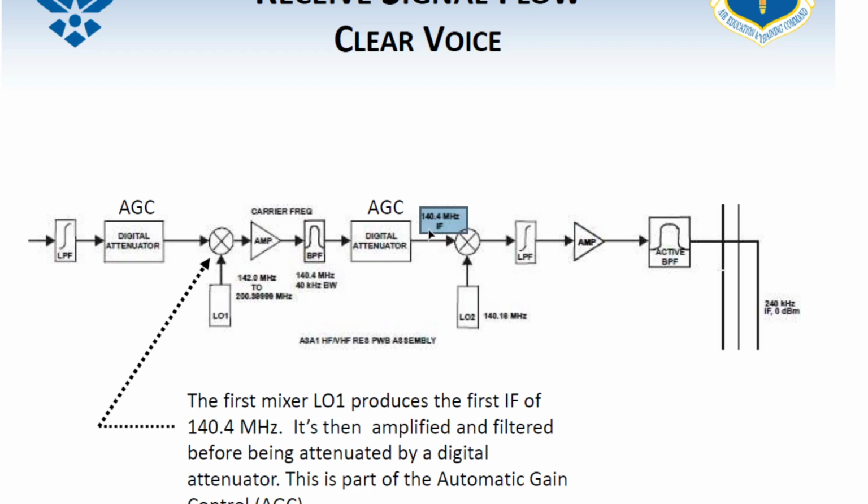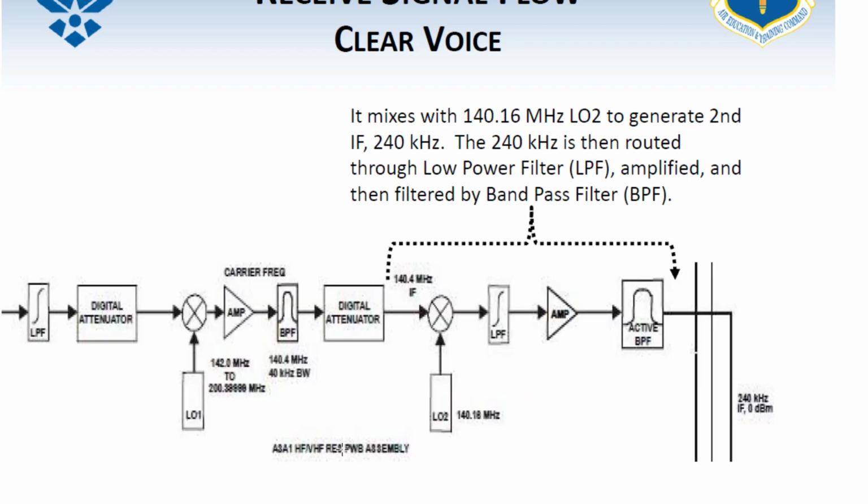But this first IF is actually produced out of this mixer here. From here, it mixes with 140.16 megahertz local oscillator 2 and generates the second IF of 240 kilohertz. Again, this is our injection frequency. And then the 240 kilohertz is routed through the low power filter, amplified, and then filtered by a bandpass filter.